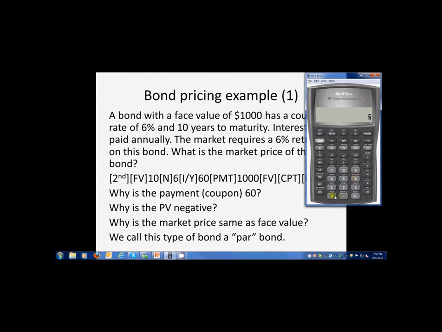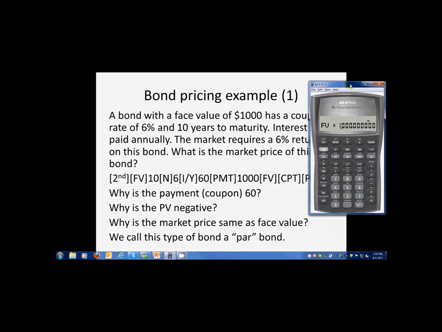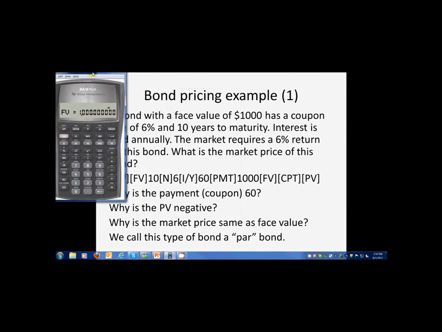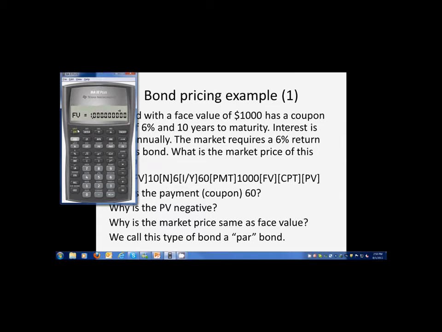Well, that is 60, and we're going to do payment on that because the coupons are a recurring cash flow. They're actually an annuity. And then finally we have 1,000 future value. If it helps, you can think of that as saying face value, and then you'll know to hit the FV key. Now I believe we have everything in the calculator that we need to compute the present value.